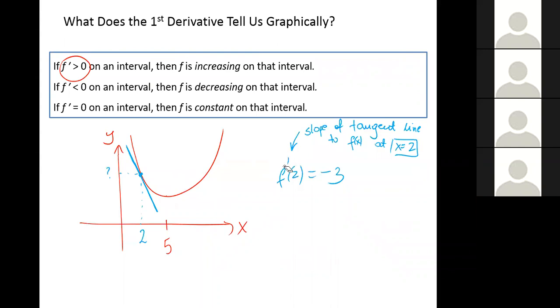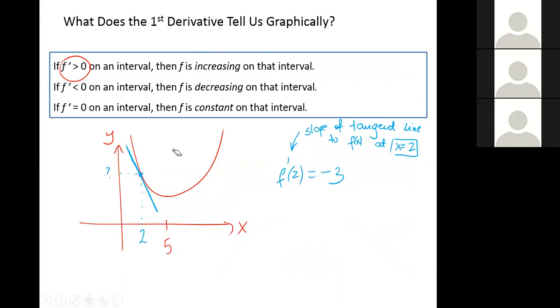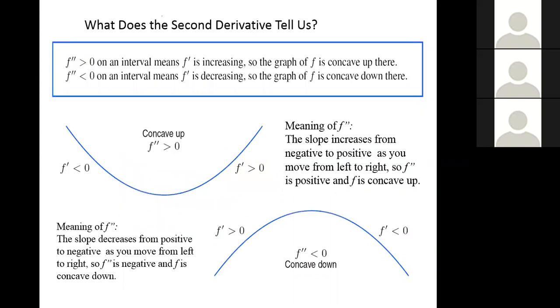One more time, derivative from the graph means slope of the curve or slope of the tangent line. Okay? And now I will come back to this one. The second derivative tells me if the function is concave up or concave down.